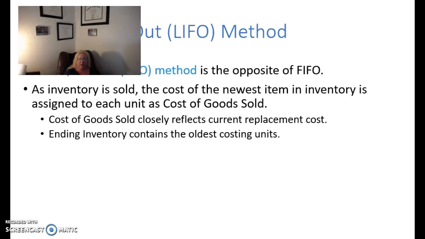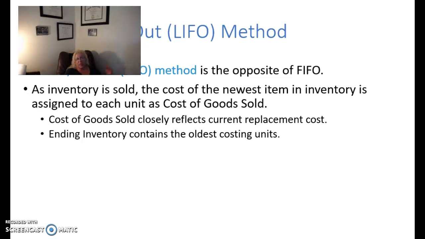It makes a difference. The other thing we know is that if you are doing LIFO, your cost of goods sold is going to be higher than if you do FIFO, right? Because you're doing last in, first out. That means that last inventory item you purchased, the price was higher.